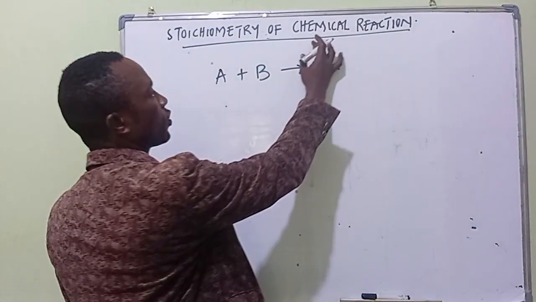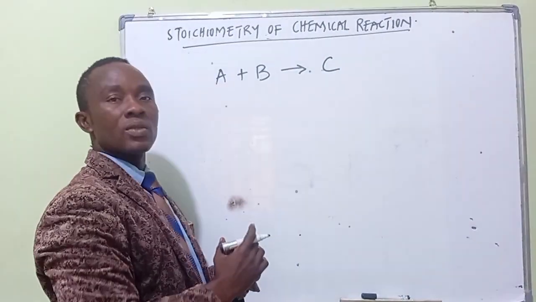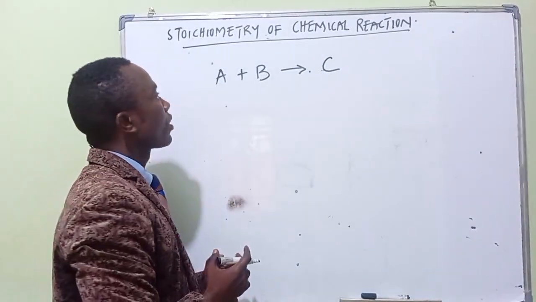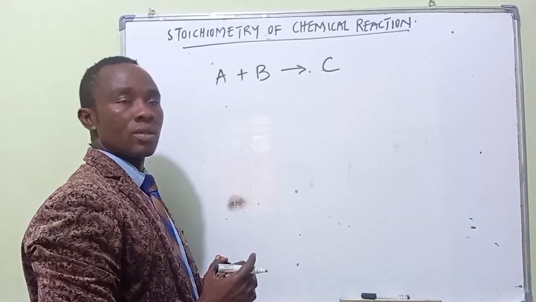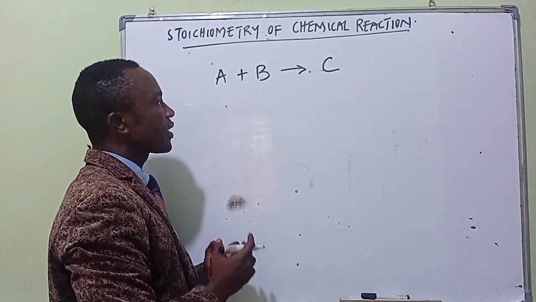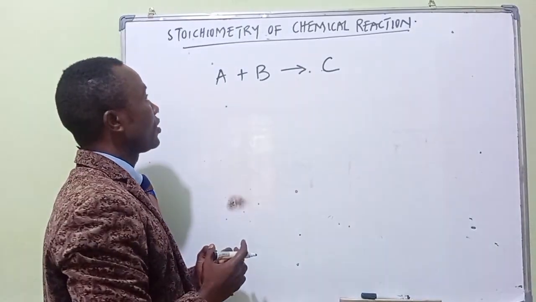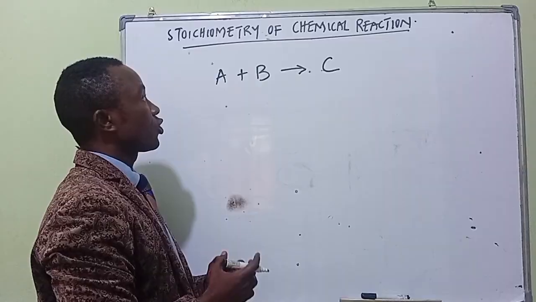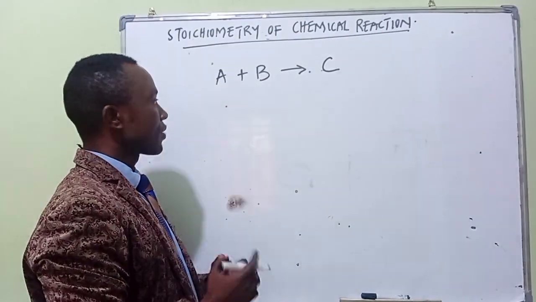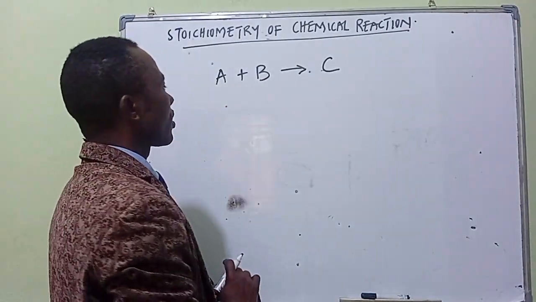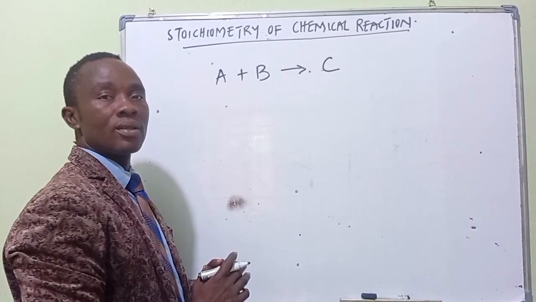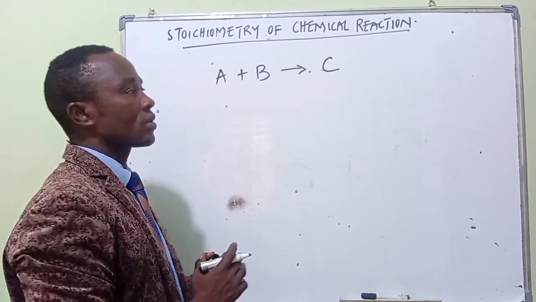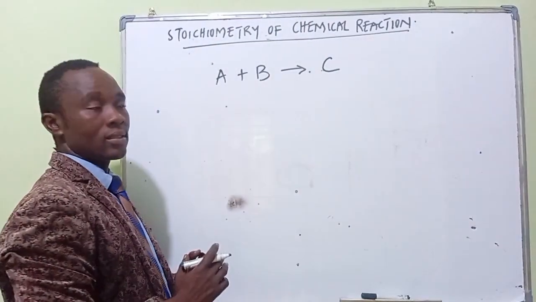So in a chemical reaction, there might be some calculations that can be made. Those calculations involving chemical reactions are what we call the stoichiometry of chemical reaction. In stoichiometry of chemical reaction, there are so many calculations that might be required.